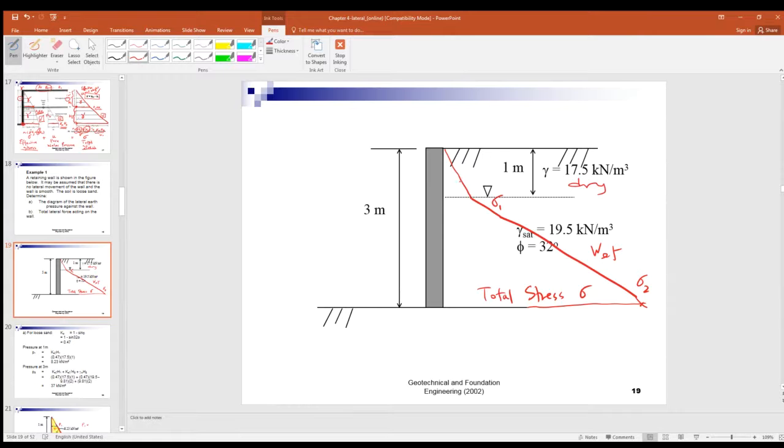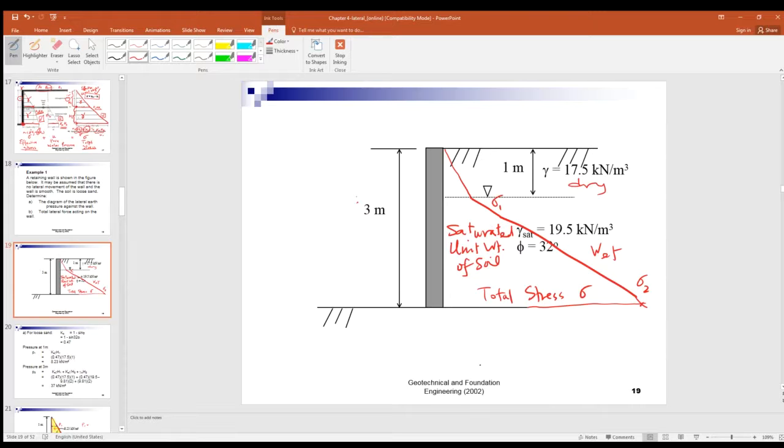So you get the gamma SAT. What is SAT? Saturated with water. Saturated soil unit weight. It's 19.5 kN per cubic meter, and friction angle 32 degrees.